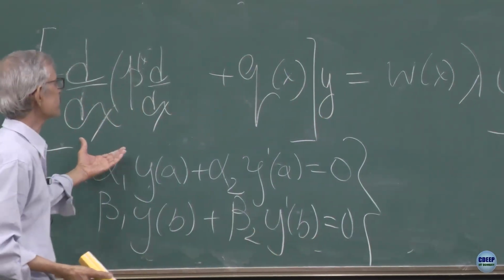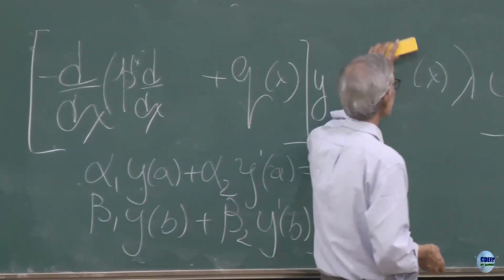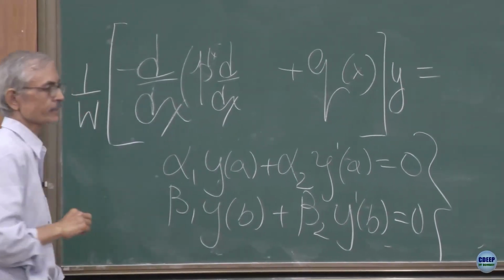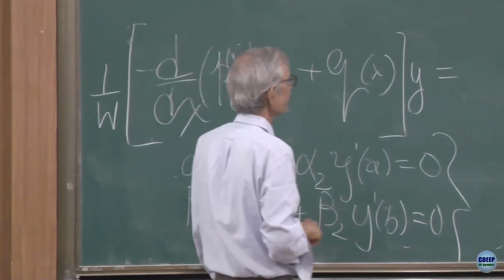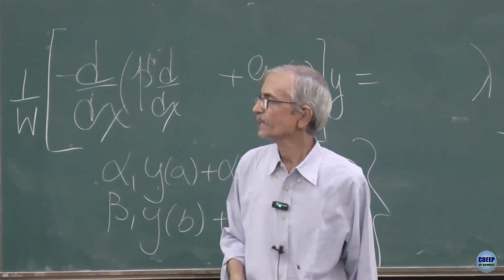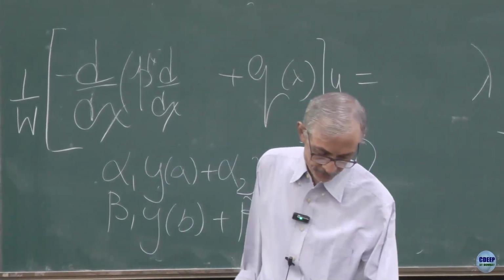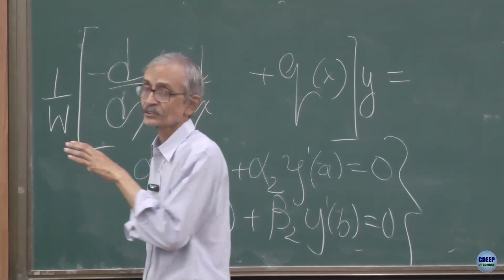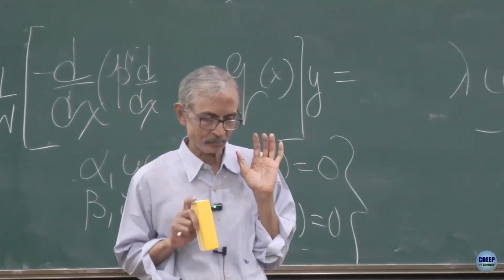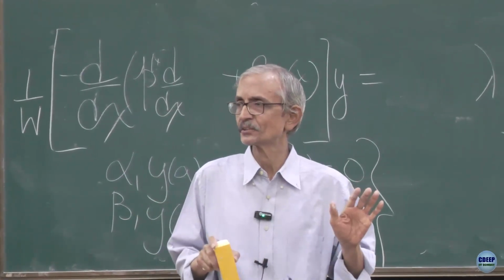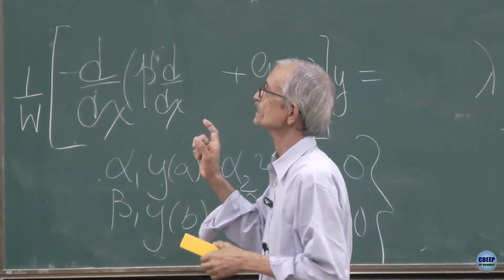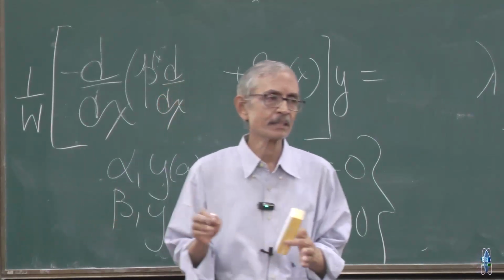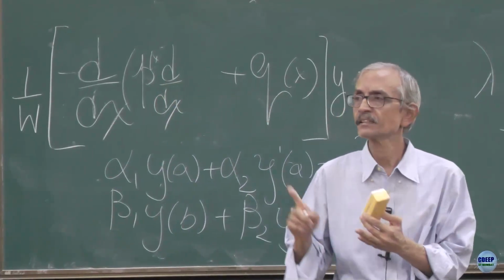So here is my system, and we will write this slightly differently, and we'll put this w which is called the weight function. So this is an eigenvalue problem, and if this is a self-adjoint operator, again this comes from math, we are not going to prove anything in this particular course. If this guy is a self-adjoint operator, then there are infinitely many real distinct eigenvalues.